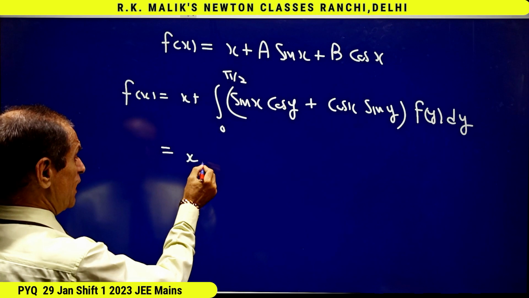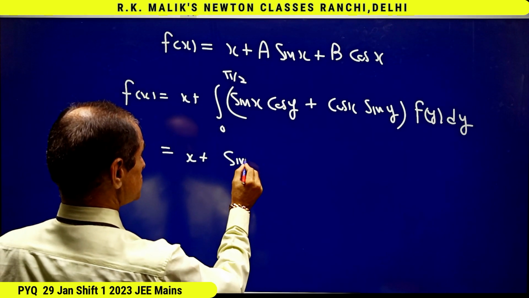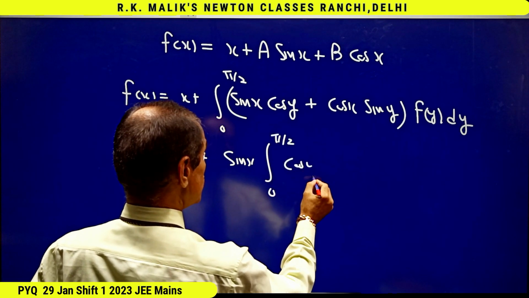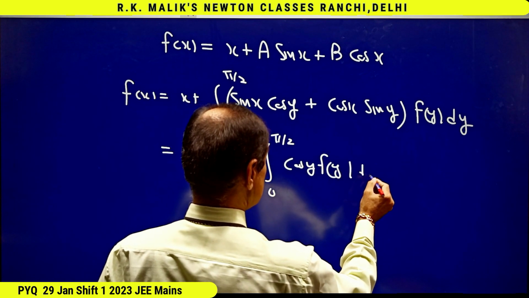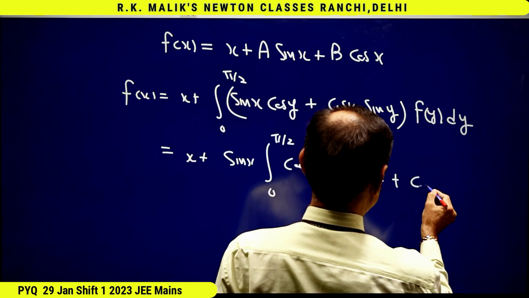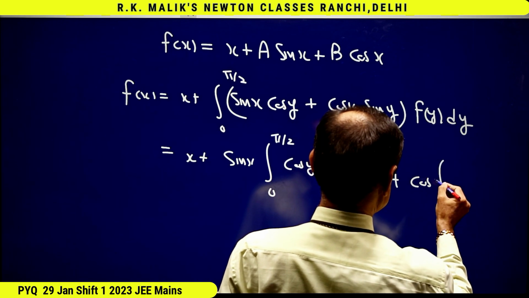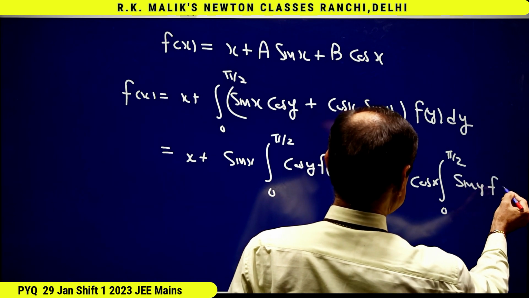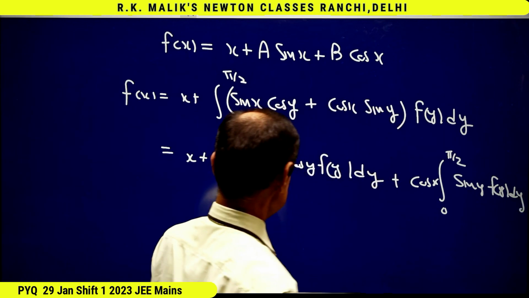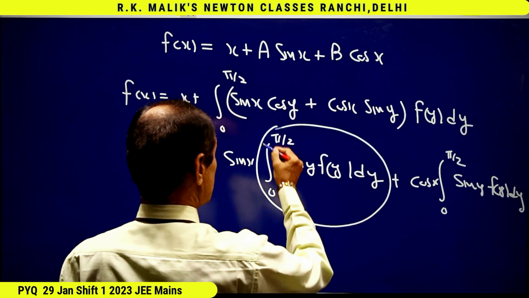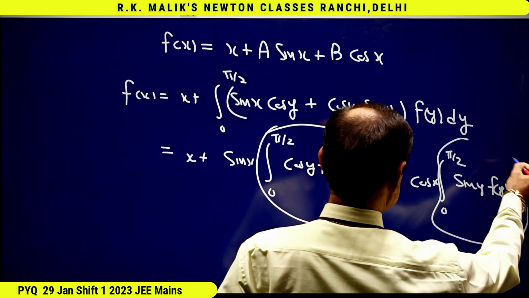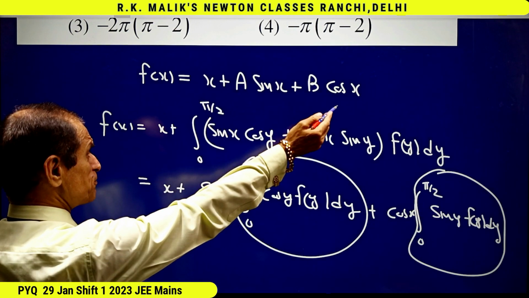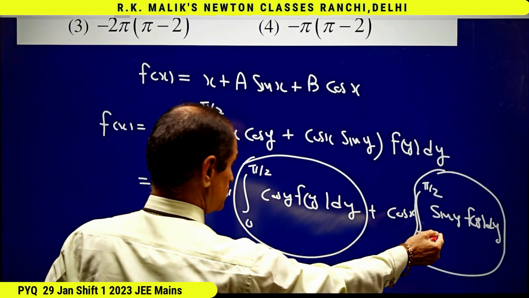Therefore it can be written as x plus sin x into integral 0 to pi by 2 cos y f(y) dy plus cos x into integral 0 to pi by 2 sin y f(y) dy. Clearly this is a constant, this is also a constant. And now comparing this with the given expression, I can say this is a and this is b.